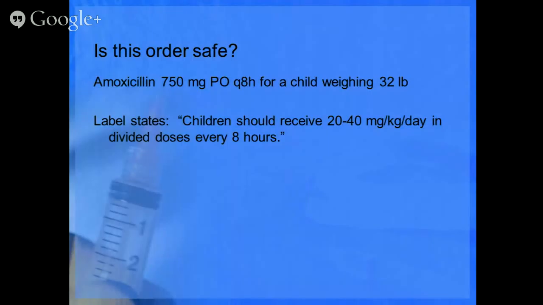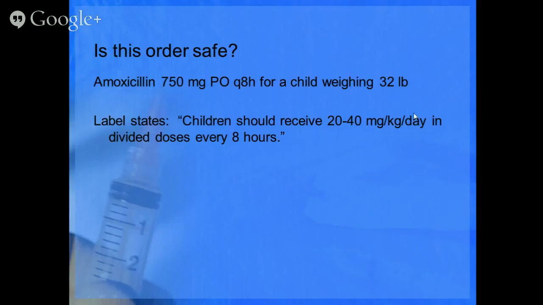Okay, here we have another dosage. We have amoxicillin, 750 milligrams, every 8 hours for a child weighing 32 pounds. The label states children should receive 20 to 40 milligrams per kilogram per day in divided doses every 8 hours. So what's the first thing we do?